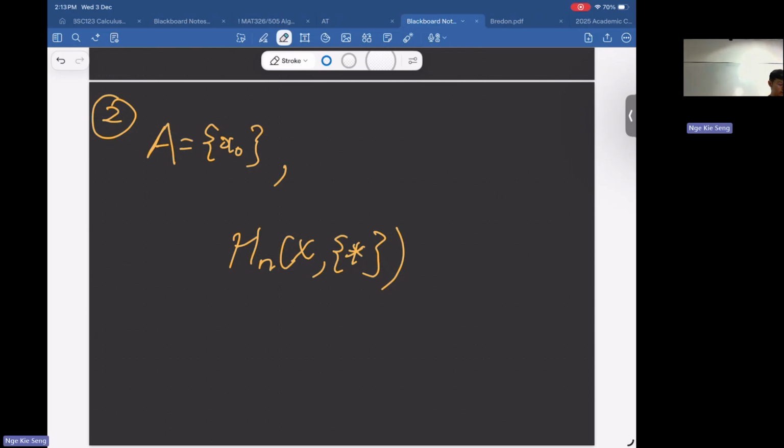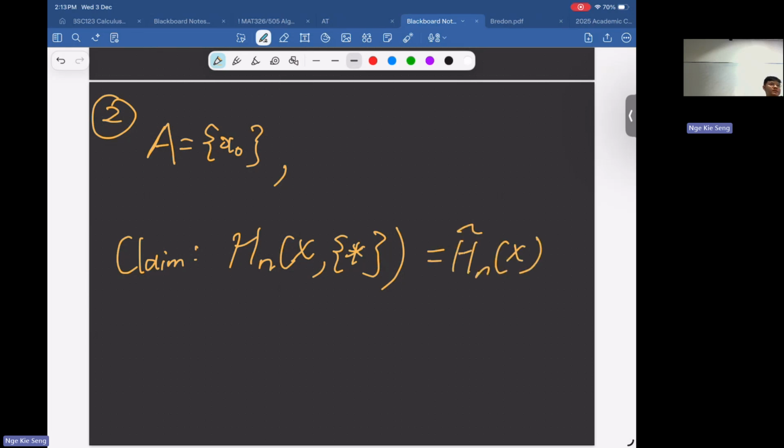I think the claim is, this is the reduced homology. So is it easy to see why? Okay, is it easy to see why?